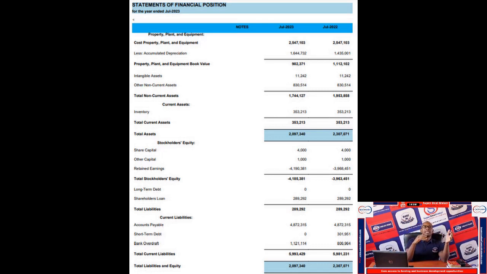Or if the business lends someone money, that becomes an asset, because in future you're going to get the money back. Even though you spend it now, it's not an expense. You need to record it in your balance sheet, because you took the money out of the business now, but you're not getting the benefit now.